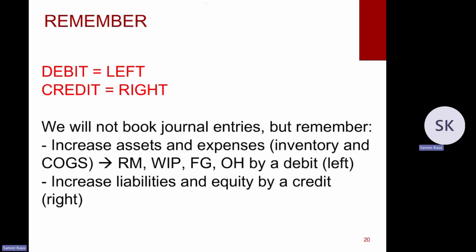So last thing over here is just a quick reminder. I know we've been talking about this, but we don't book the journal entries. Just remember when you're thinking about T accounts, you have debits on the left, you have credits on the right, okay? And you also have to think about how certain accounts increase or decrease.